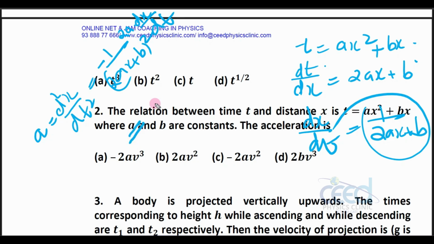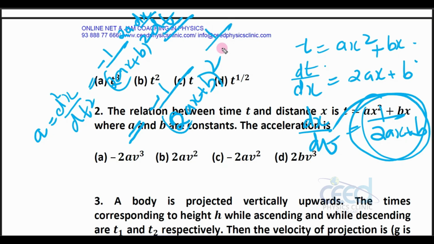That is minus 2a by 2ax plus b the whole square, and dx by dt value is 1 by 2ax plus b.